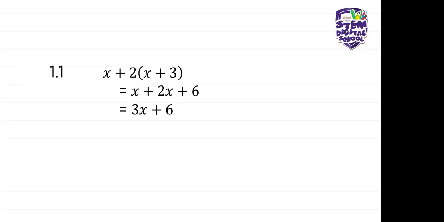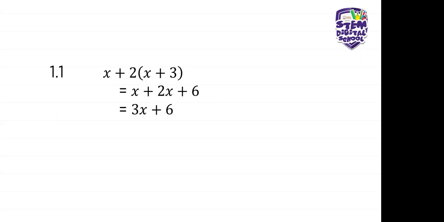So in 1.1, the first step is to break the bracket. So how do you break this bracket? It means you will multiply everything that is inside the bracket by 2. So in other words, you will multiply x by 2 and thereafter multiply 3 also by 2.